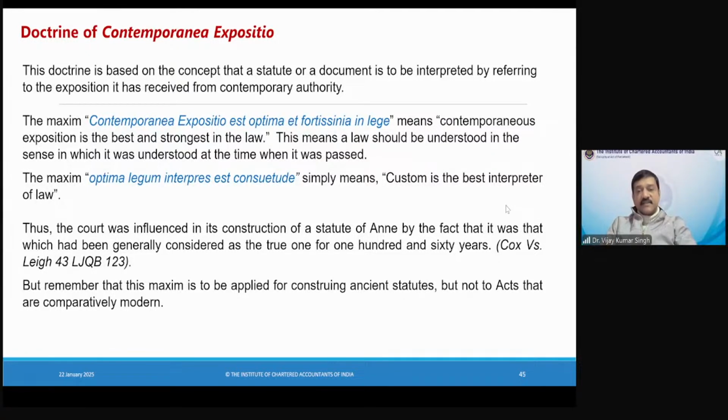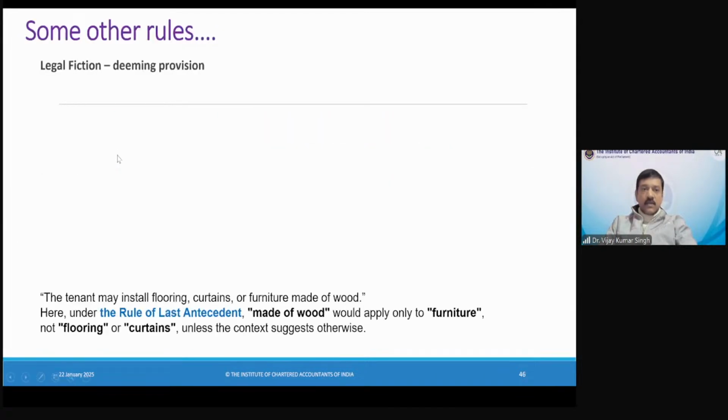Like one of the customs called Saptapadi is recognized in the Hindu Marriage Act. So that is the best interpreter of law. This is what this maxim says. Understand this with Contemporanea expositio: this maxim relates only to ancient laws, not modern contemporary laws. Okay, anything else?